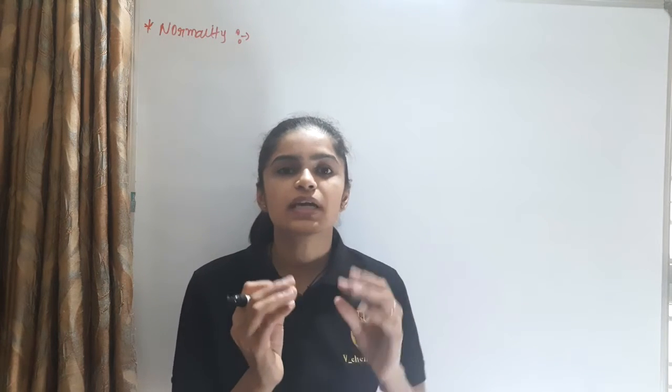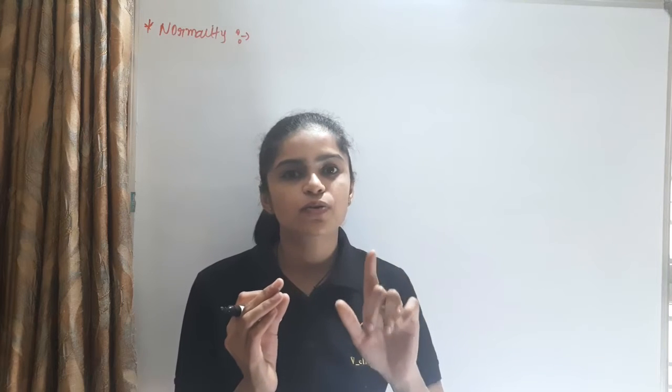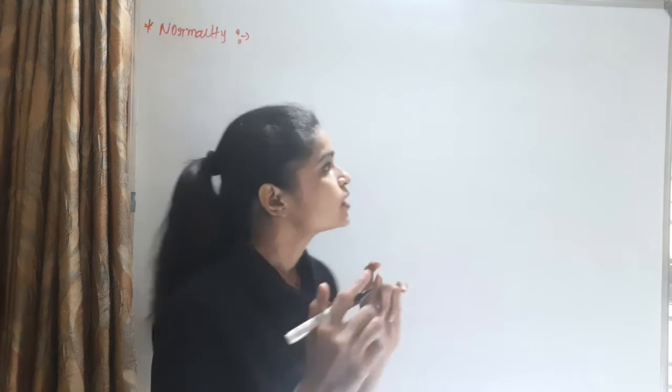Next term is normality. What is the meaning of normality? Normality of a solution is the number of gram equivalents of solute dissolved per liter of solution. In molarity we use the number of moles of solute, and in normality, the number of gram equivalents.